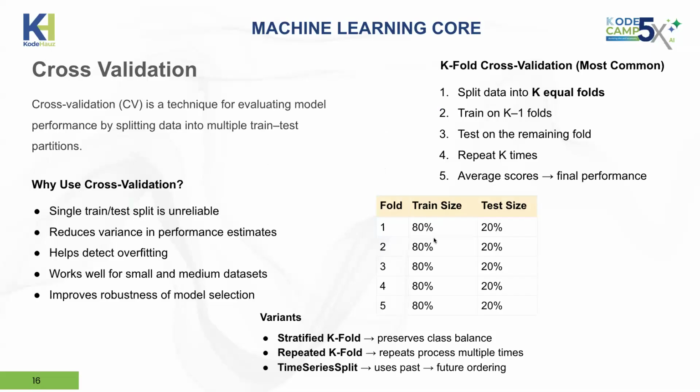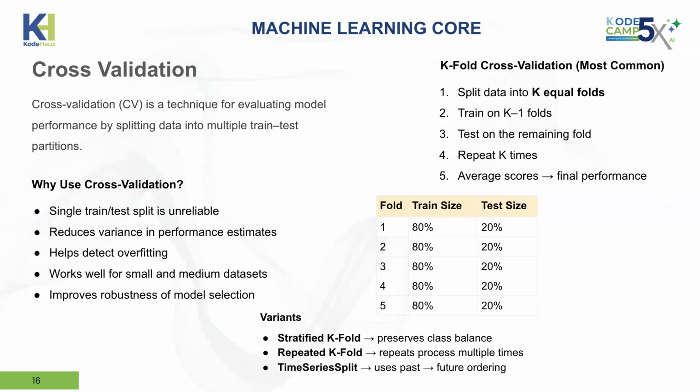So we also talked about cross-validation, which is a technique to evaluate your models by splitting data into multiple train and test partitions. For each of those splits, you use one of the splits as validation and use the rest as training.